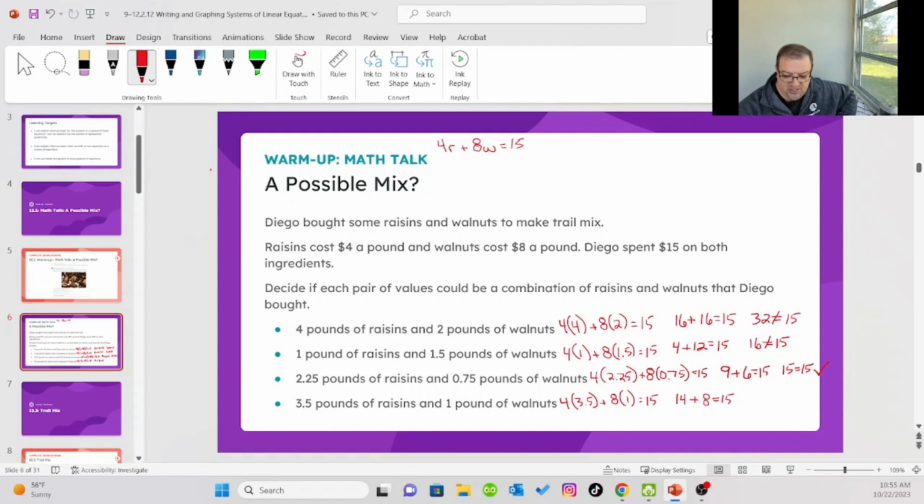And 14 plus 8 equals 22, which does not equal 15, so that cannot be a possible combination. So the third combination is the only one that could possibly be a solution to this problem.